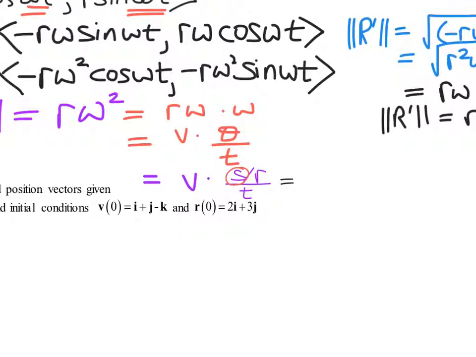You don't want to lose sight of that. Velocity is equal to distance over time, so distance would be equal to velocity times time. So this would be saying v multiplied by v t, velocity times time, over r, all over the t that was already there.